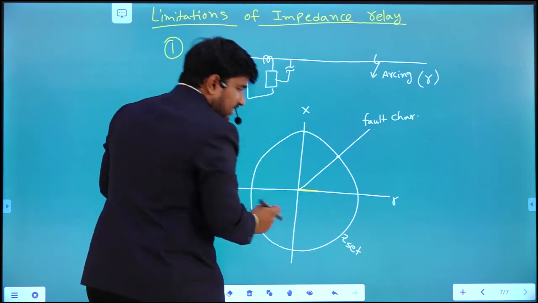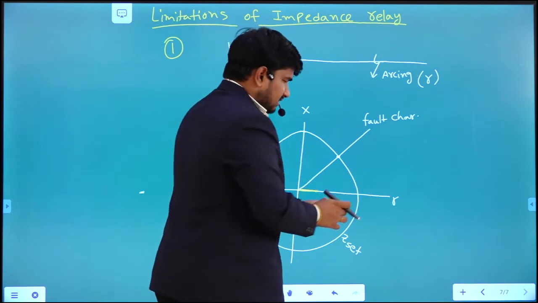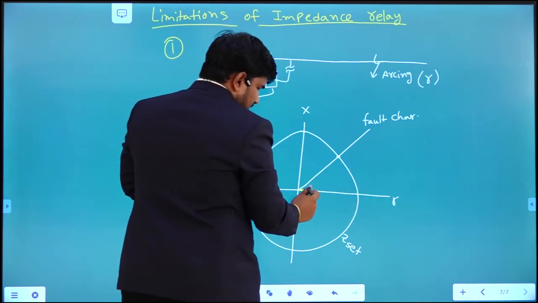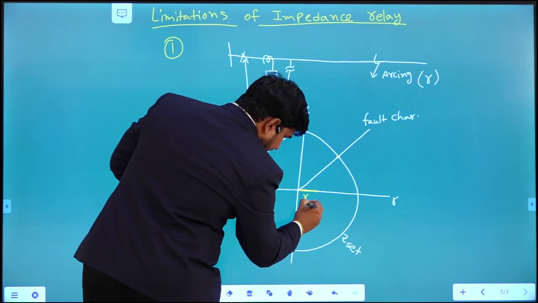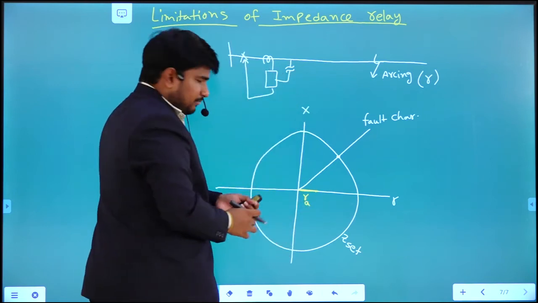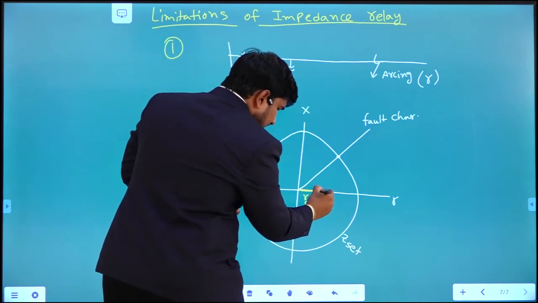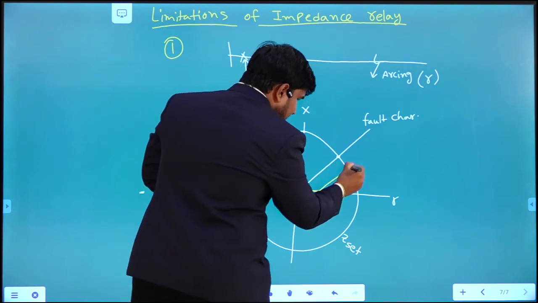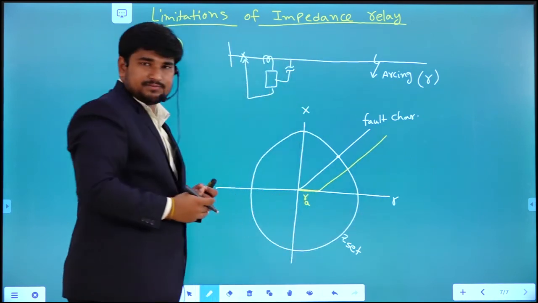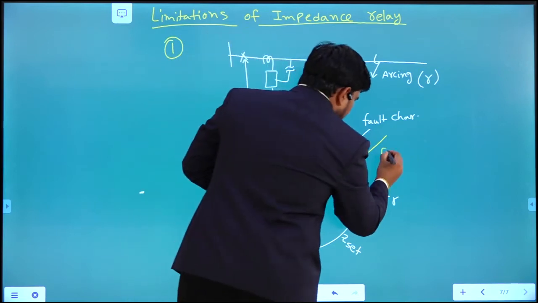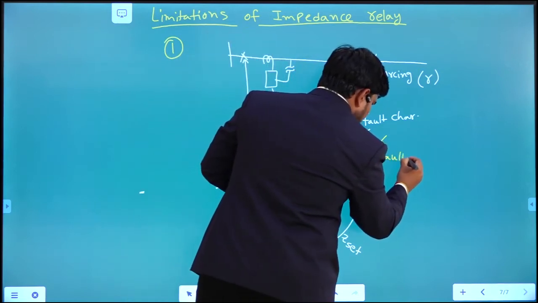It is only a small resistance, which I will indicate as RA, and the fault characteristic is shifted like this. So this is the fault plus arc.